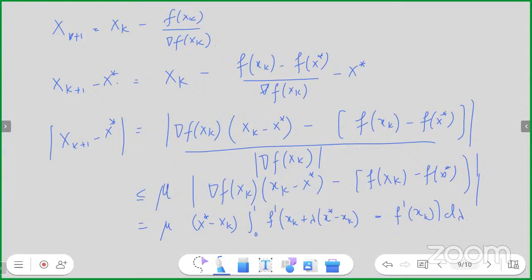That's what we just wrote, the final one. That's the form I'm using here.